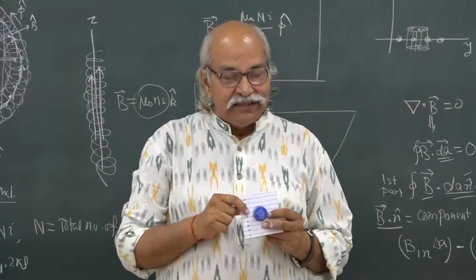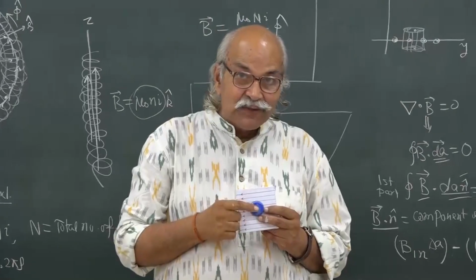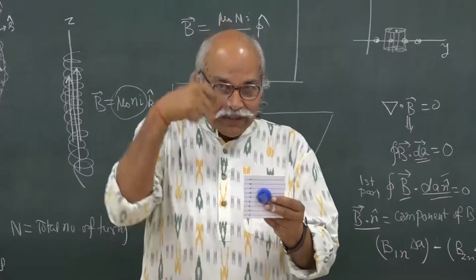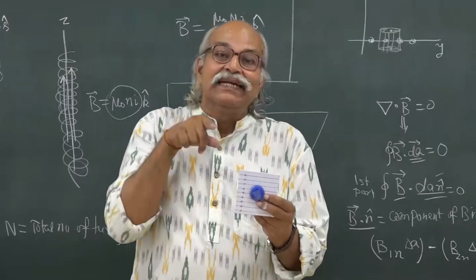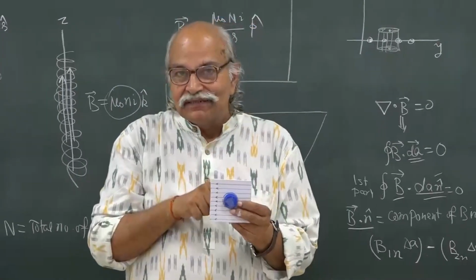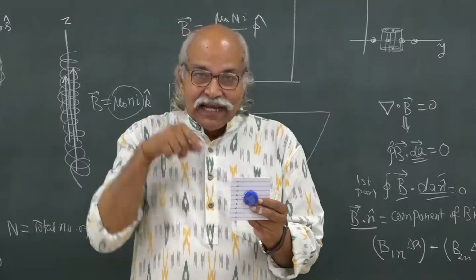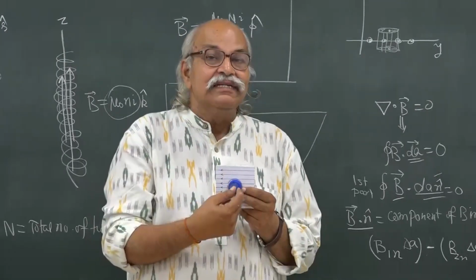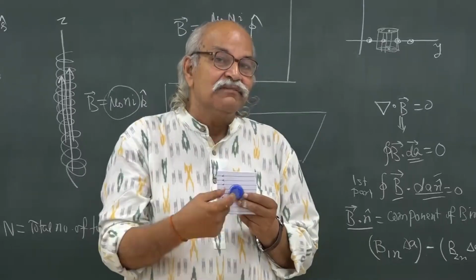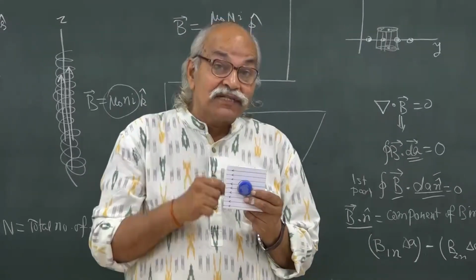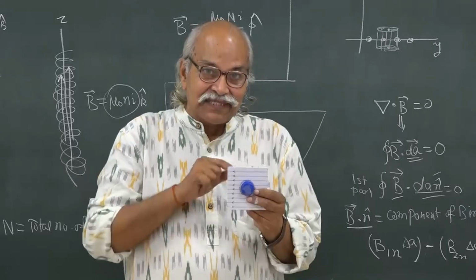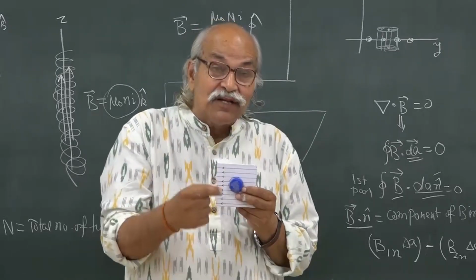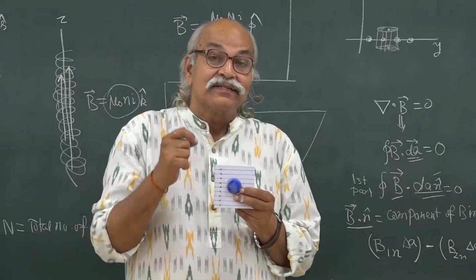We are asking what is the perpendicular component of the magnetic field here, and the same component in the same direction here, and they are coming to be the same. So, we say that as you cross this surface, the normal component of the magnetic field does not change.